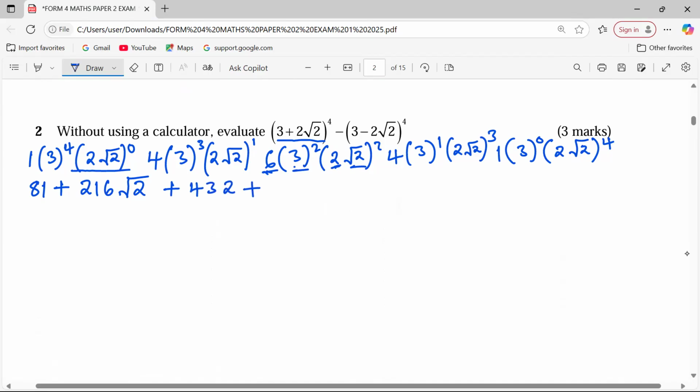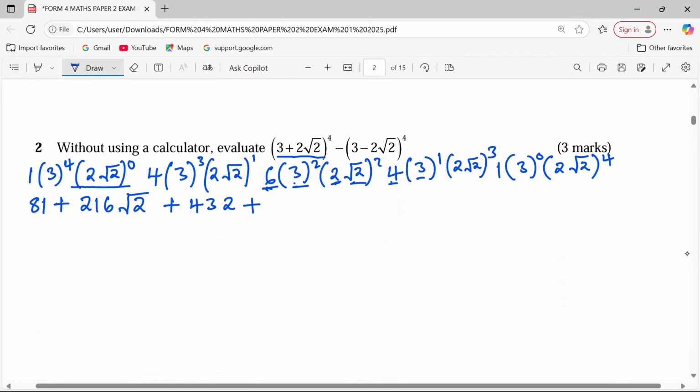Plus the fourth term now, we start with 4 times 3 power 1, remaining 3. So 3 power 1 is 3. We are having 2 power 3, giving us 8. Then the root of 2 power 3, let me show you what it is. The root of 2 times the root of 2 times the root of 2. That is what it means by power 3.